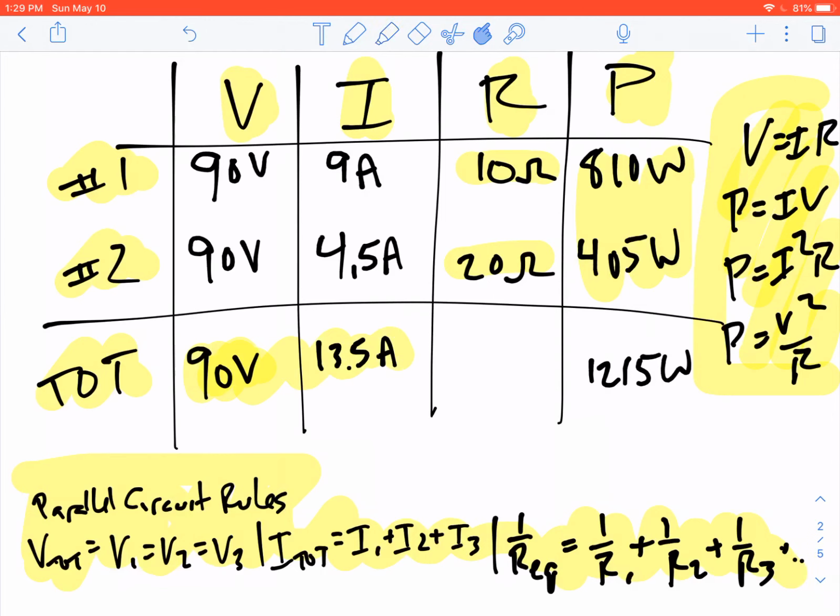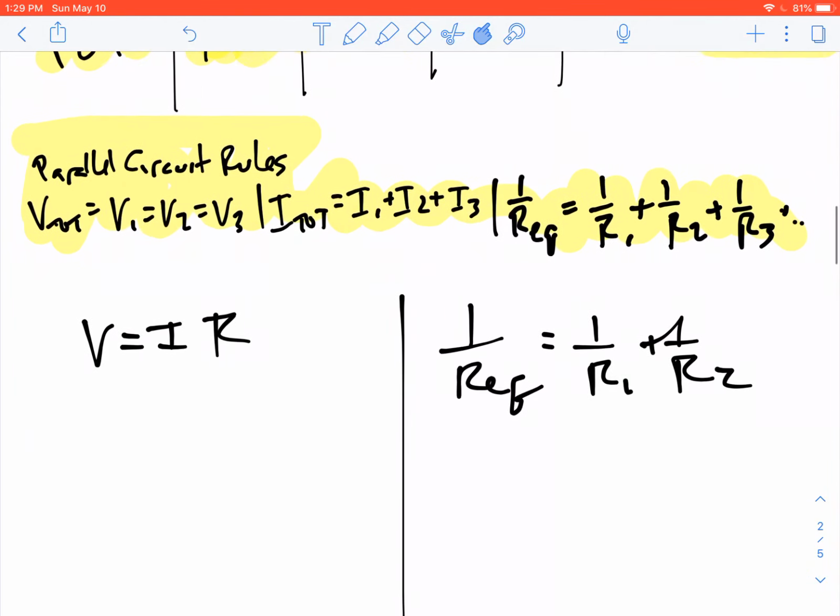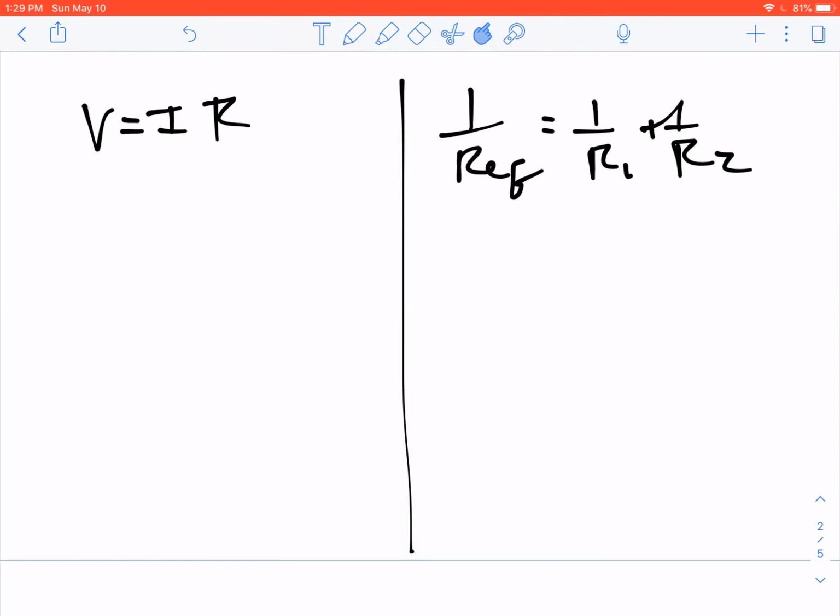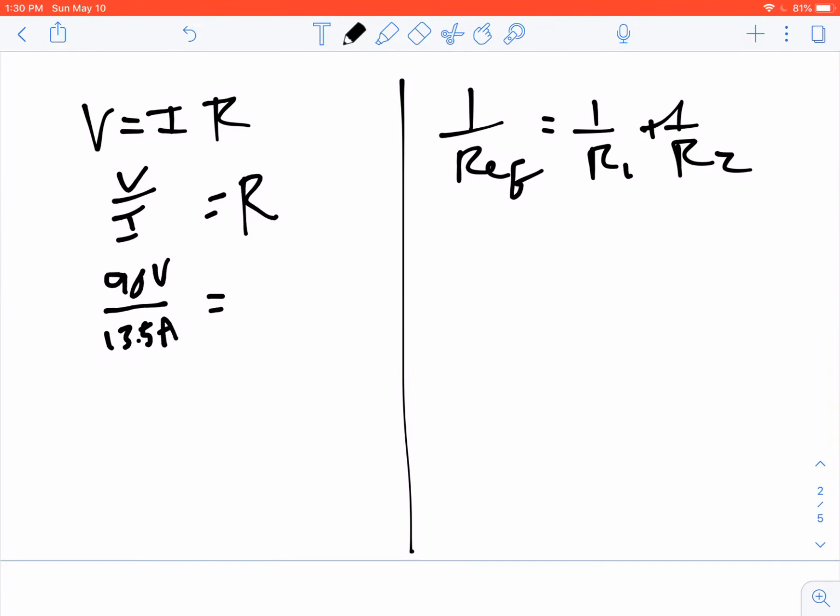Alright, now when we want to solve for the equivalent resistance of the circuit, there are two ways that we can do this. We can use the V equals IR formula or the equivalent resistance formula. Here we're going to check that they give us the same answer. If I want to solve for R here, then I do V over I. The voltage was 90 volts, and the current in the circuit as a whole was 13.5 amps.